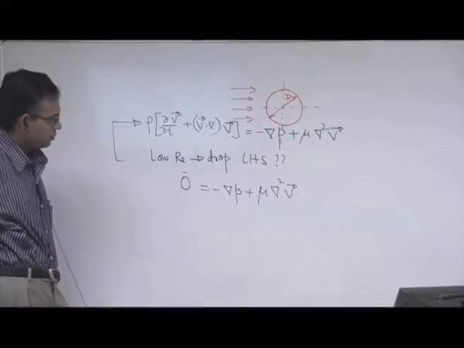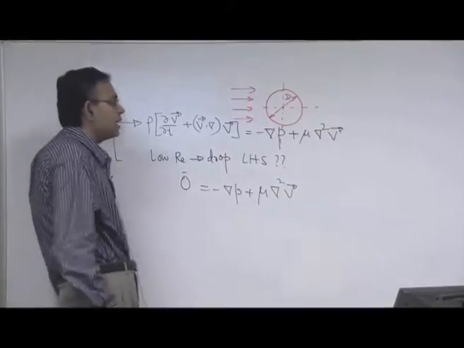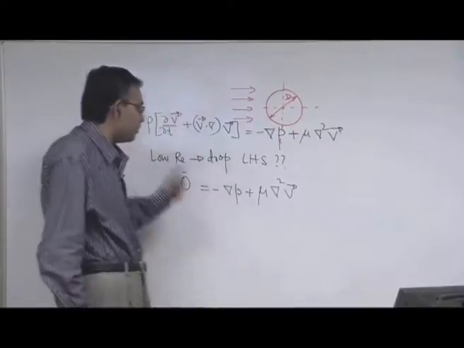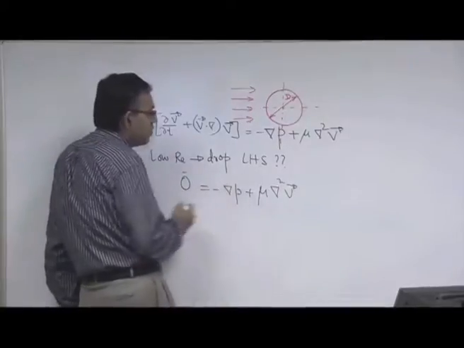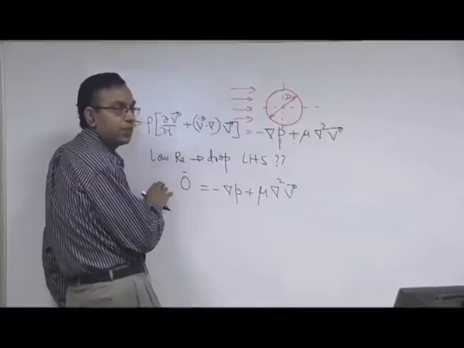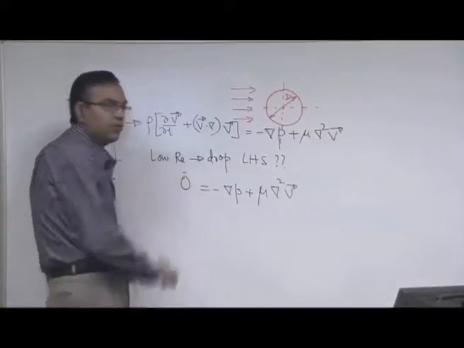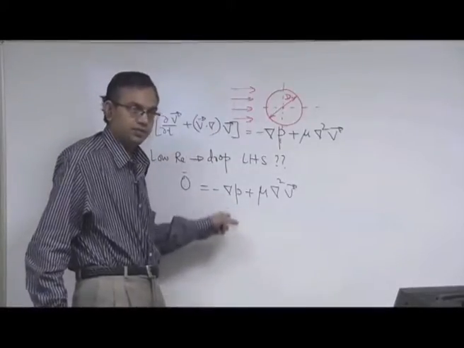Now we will use a vector identity to simplify this problem, but first of all, before using the vector identity we have to find out a strategy of solving this problem. So the strategy of solving this problem, see this equation has 3 components.